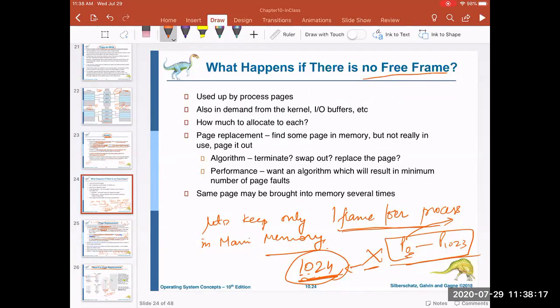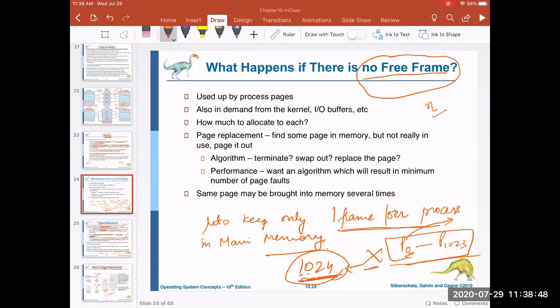If we allocate all the frames in the memory, because there is a fixed number of frames, then when a process wants to fetch new data into the RAM, we already have no free frame available because all of the memory is already allocated to n different processes.